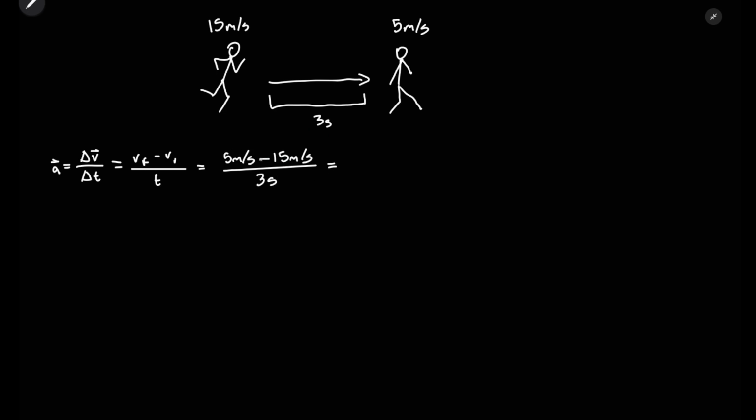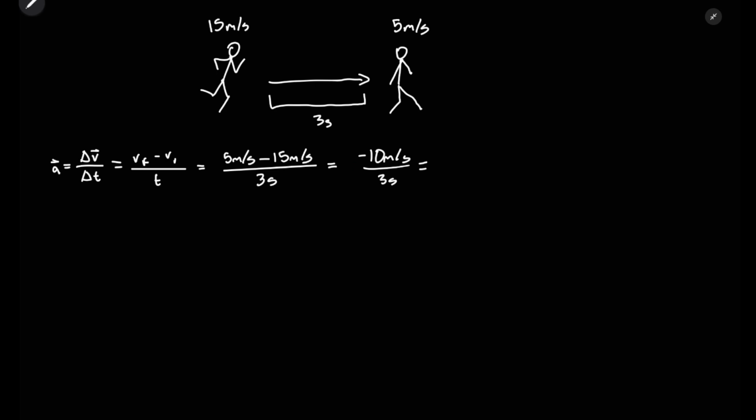Now, we're going to end up with a negative number here because we're subtracting a bigger number from a smaller number. Negative 10 meters per second over 3 seconds. That's a bit weird. Why is that? He's still going right, still going in the east direction. So why is his velocity change negative?